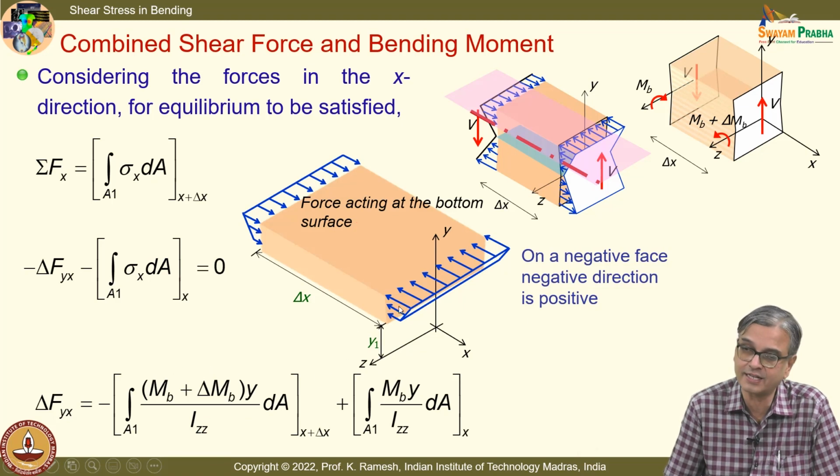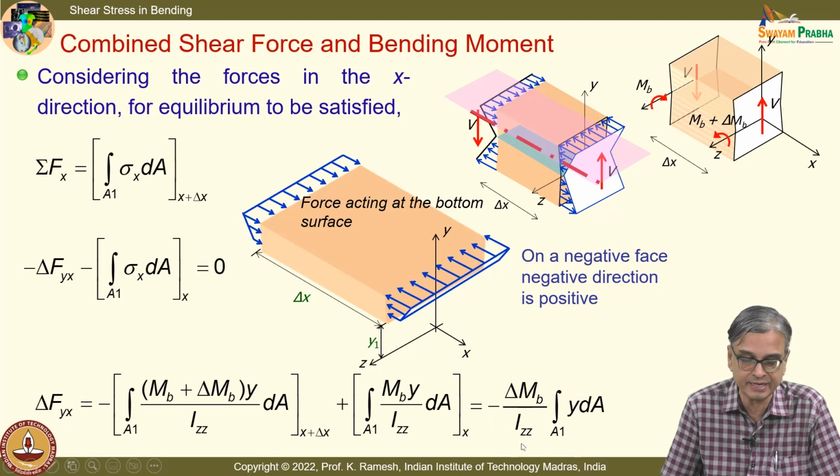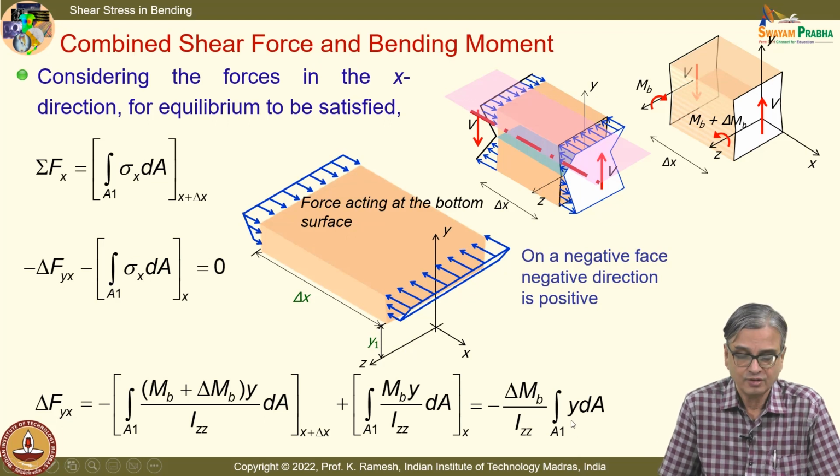So, I can find out what is the stresses there and then multiply it by the area and do the integration in this area A1 at x plus delta x, and you have force acting on this surface, that is Mb y divided by Izz dA. That gives me delta Fyx equal to minus delta Mb by Izz integral over A1 of y dA. What is y dA? It is the first moment of area.